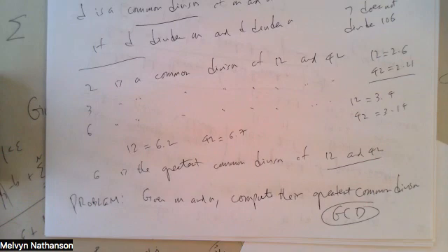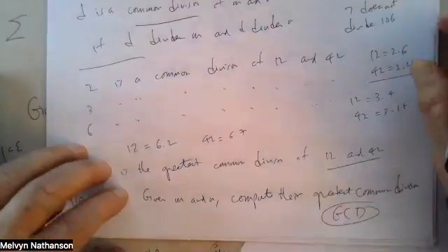Now, if any of you has taken a computer science class where you learned how to write a computer program, doesn't matter what language you're using, a typical problem is to write a computer program to compute the greatest common divisor of two integers.